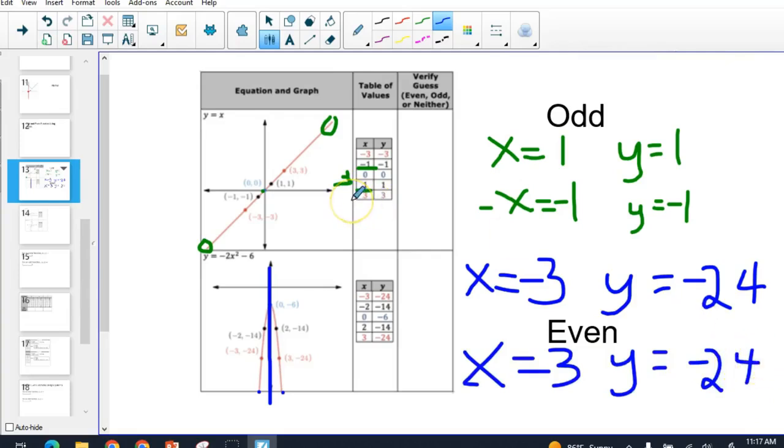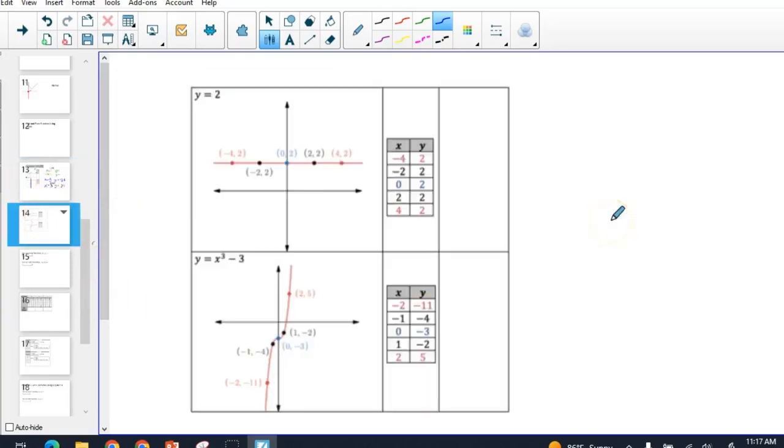So it's kind of looking like our pattern with our even function is that the x values are just opposites for the same y value. So at -2 for x, we have -14 for y. And at +2 for x, we have -14 for y. Okay, it's interesting. Let's look at a couple more.